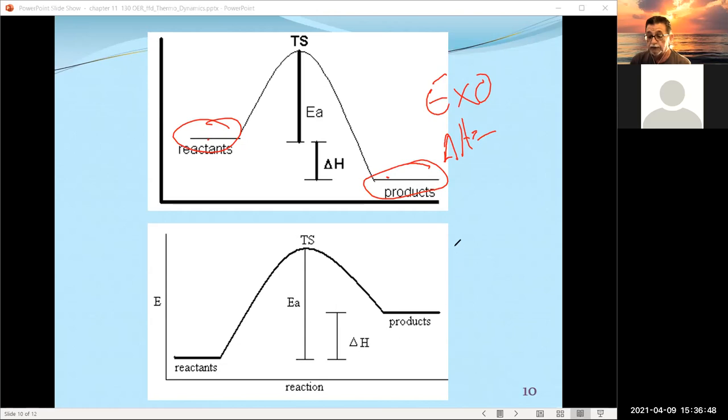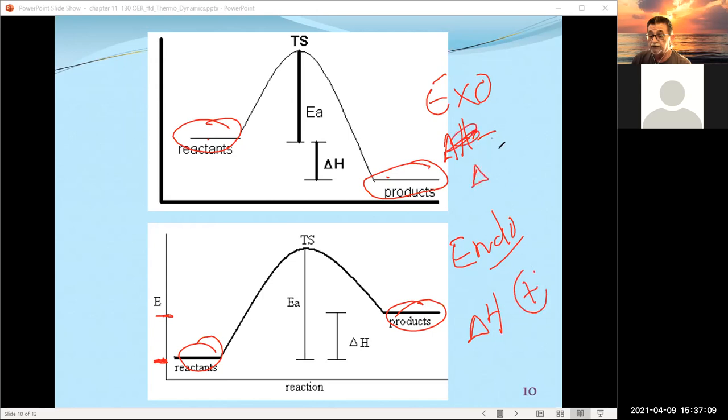The other one would be the endo reaction, endothermic, because the product energy level, which is about right here, is higher. The final energy level is higher than where the reactants began. So delta H here would be positive, and up on top delta H would be negative.